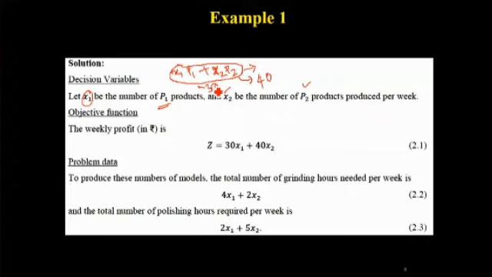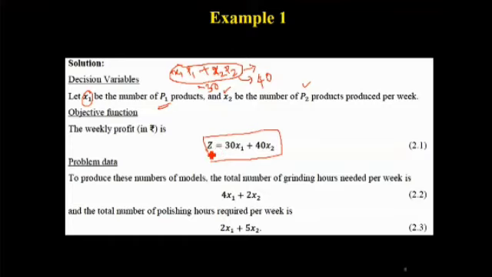So we can write the objective function as Z equals 30x1 plus 40x2, where x1 is the number of product P1 and x2 is the number of product P2. We will try to find the maximum of Z. That is our aim.